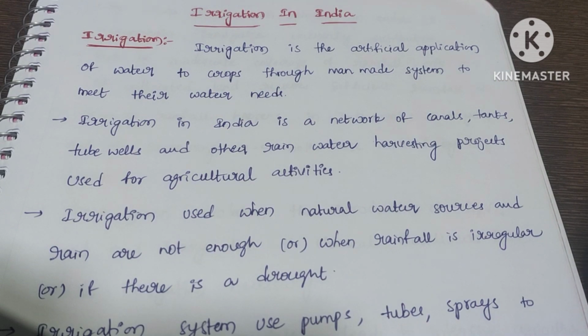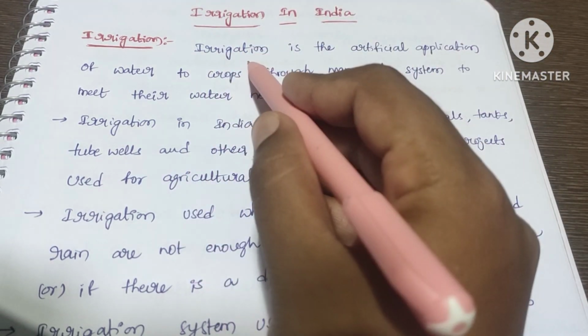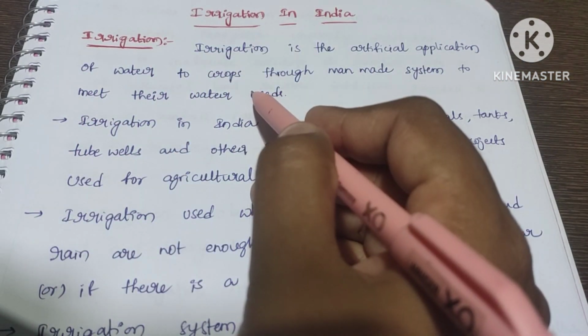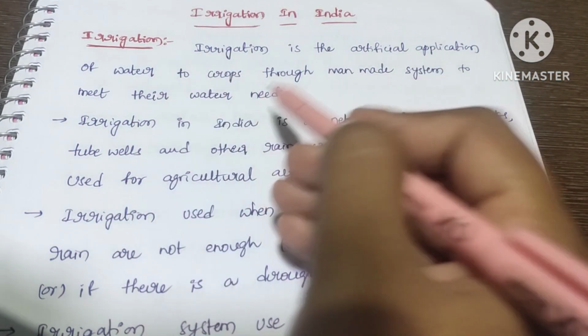First, we have to know the definition of irrigation. Irrigation is the artificial application of water to crops through a man-made system to meet their water needs.